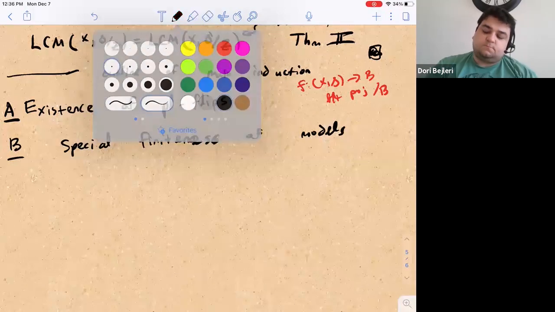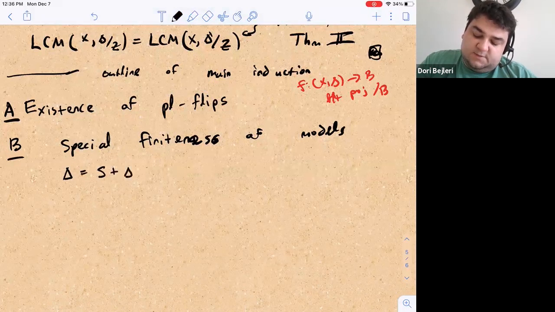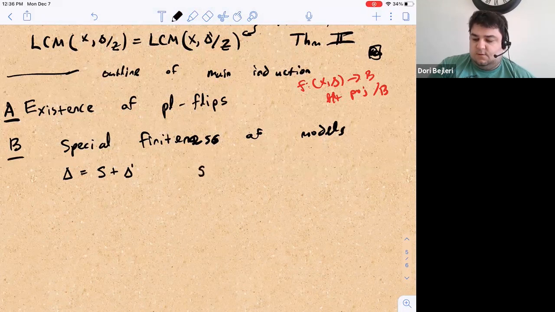Now here, basically, they say, suppose that your divisor is of the form S plus Δ', where S is some integral divisor.